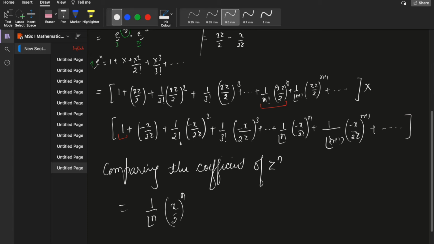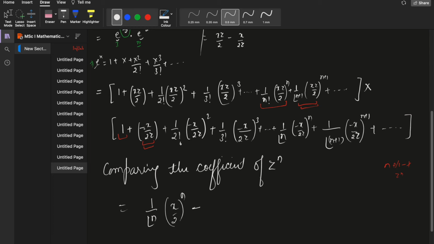Just because we are comparing the coefficient of z to the power n. And for the next term, if I multiply this term with this one, here 1 upon z to the power n is in the denominator and here z is in the numerator. If I multiply, this will give me n plus 1 minus 1, so z to the power n.